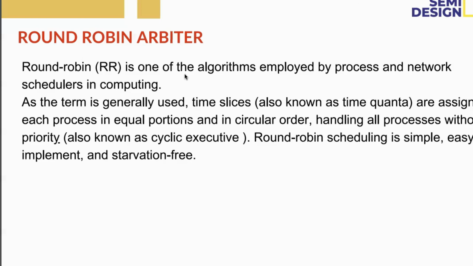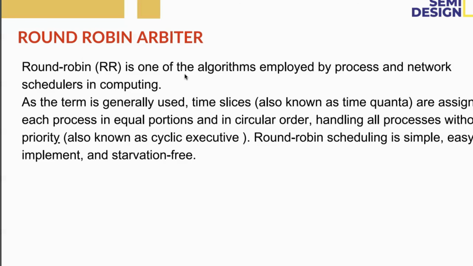Arbiter design is used to ensure that only one source has access to the common resource, for example only one processor accessing memory where multiple processors need to access memory using the shared bus.